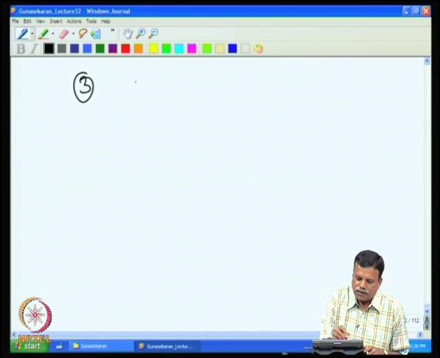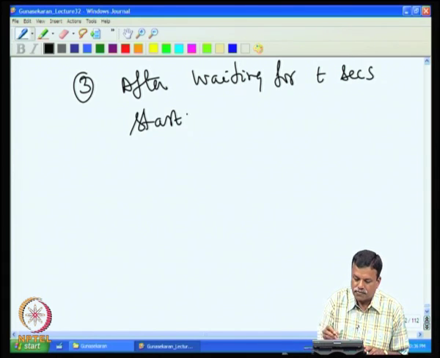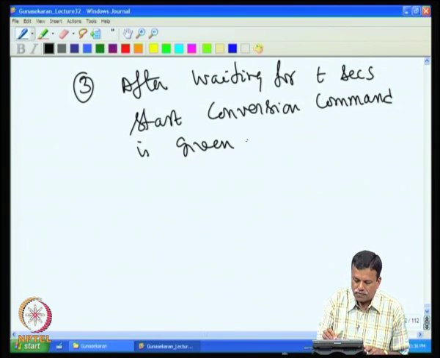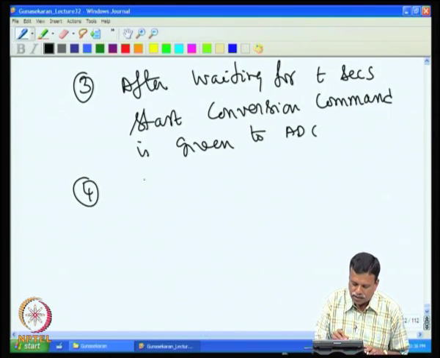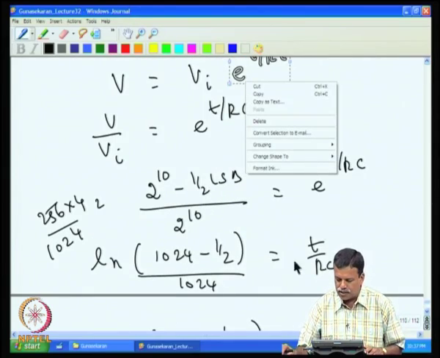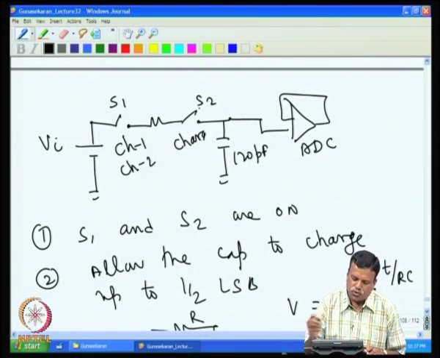Then the third step would be, after waiting for t seconds, a start conversion command should be given to the ADC. Once the start conversion command is given, switch S2 is switched off and disconnected.